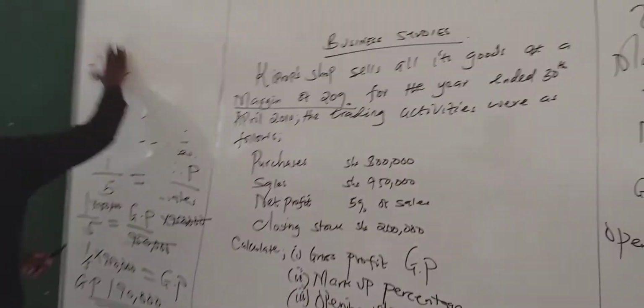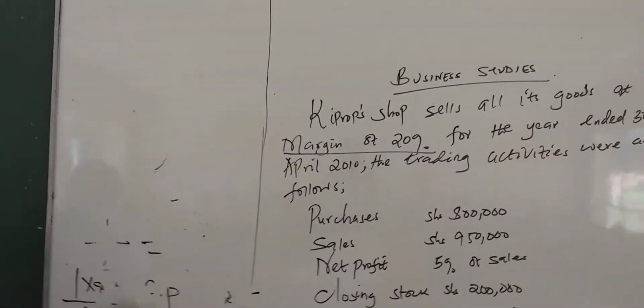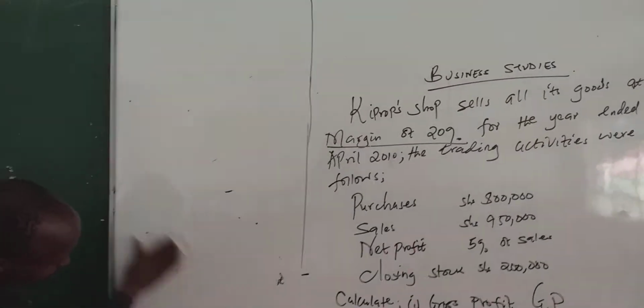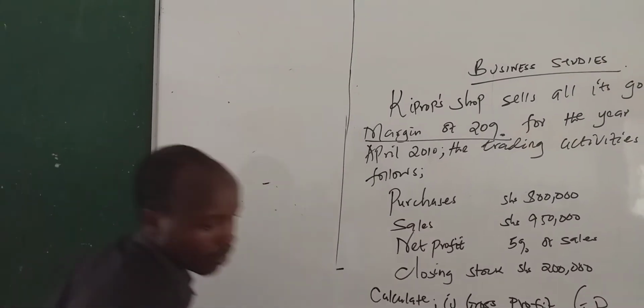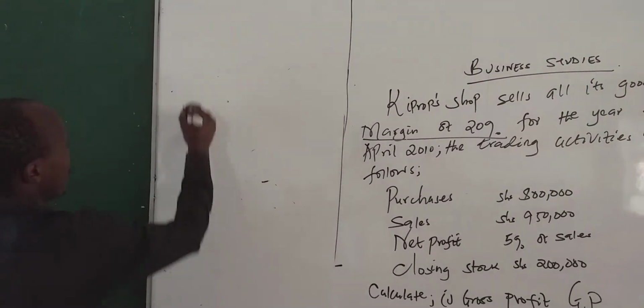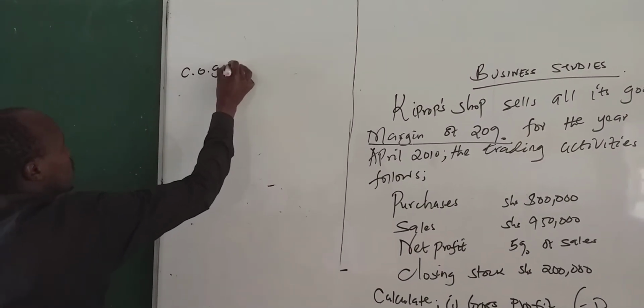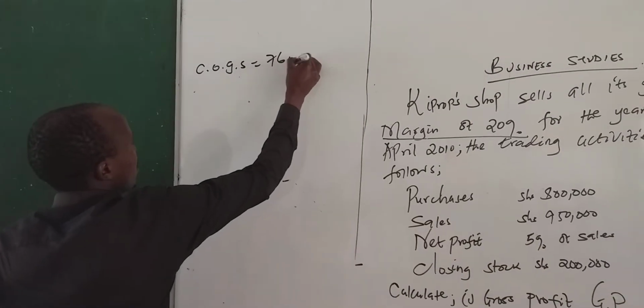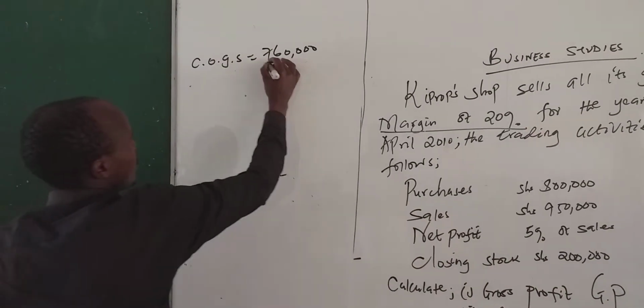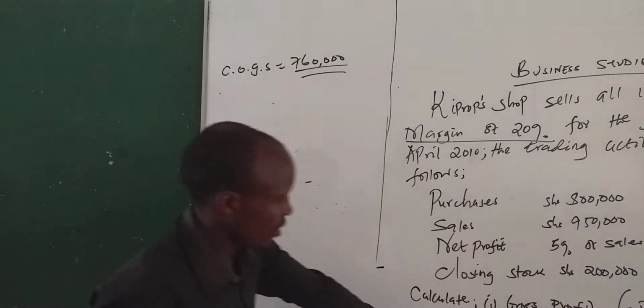That is our cost of goods sold. So from that part, our cost of goods sold is 760,000.